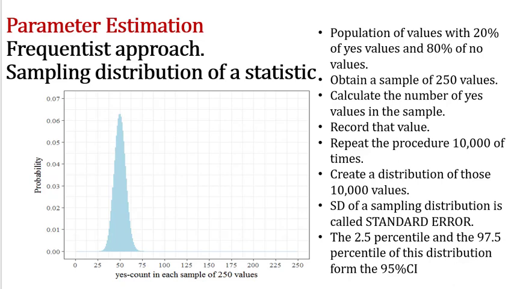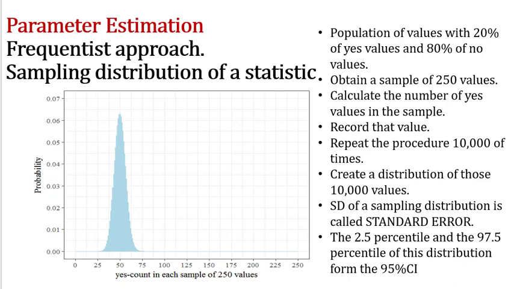Of these 10,000 samples we obtain, the value that comes up more times is 50, and then values close to 50: 51, 49, 52, 48, 53, 47.